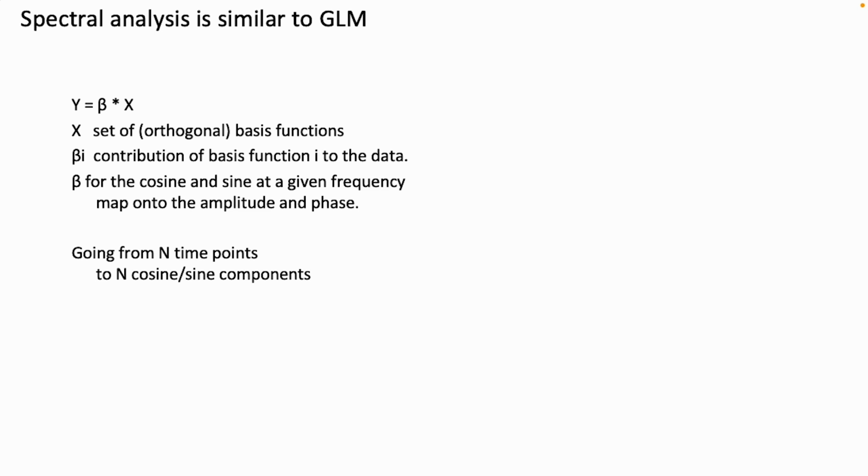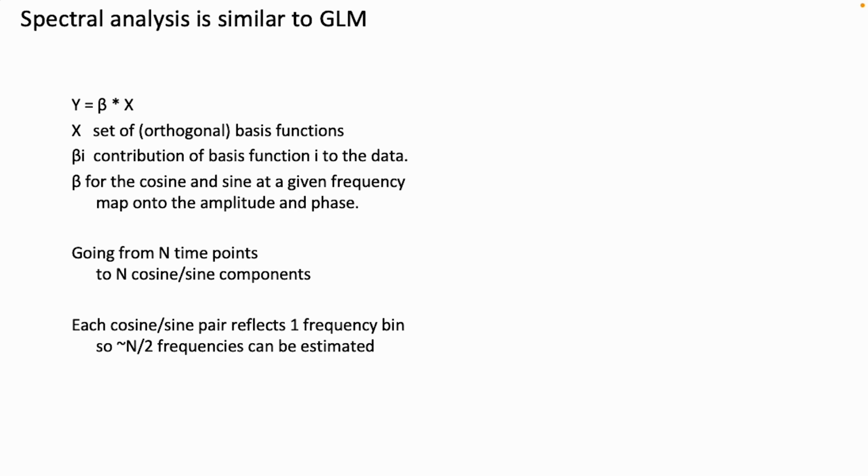Just thinking about this from the math perspective, if we have n time points, that also means that we can estimate n independent sine and cosine components. Not more, not less. So Fourier analysis is going to give us a fixed amount of basis functions and a fixed amount of regressors that we can estimate.